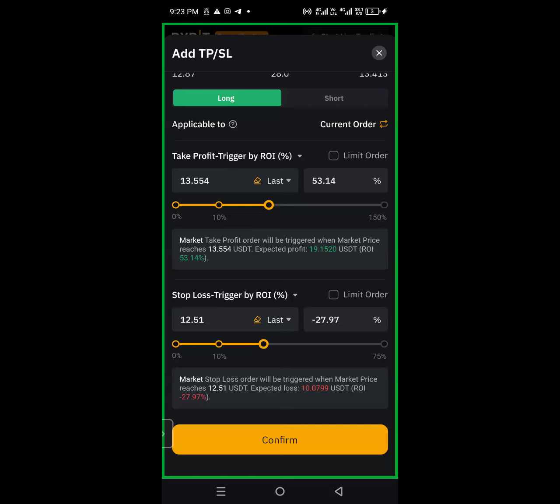If TP1 is giving you a good risk reward, go with TP1. But if it's not, and you feel your instinct can allow you to choose TP2, you can go ahead and change it to TP2.